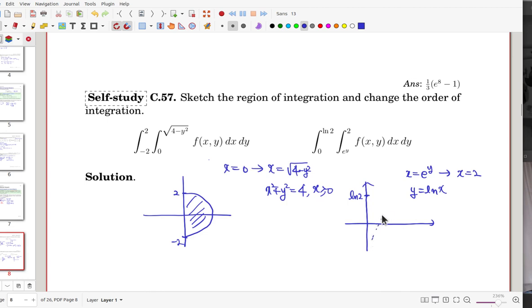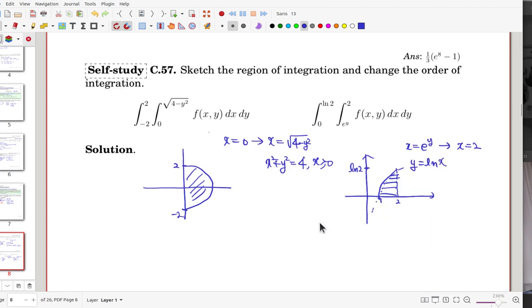Okay, it's passing through 1, and like that. So here the top x is 2. At 1, the value must be 0. Now, this integration is done with y moving from here to there, and that is the bottom x. This curve makes the bottom x, and that is the top x, so it is accessing the domain horizontally like that.